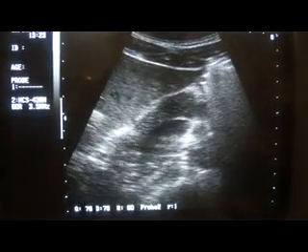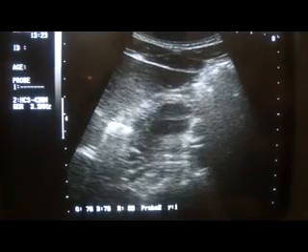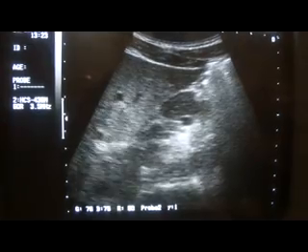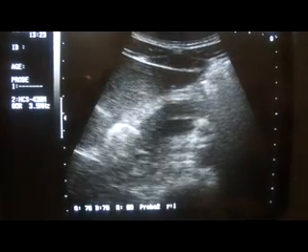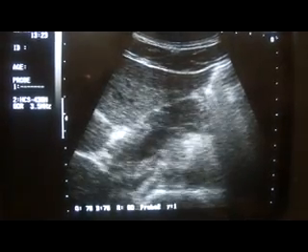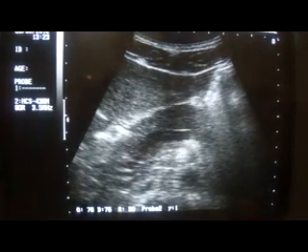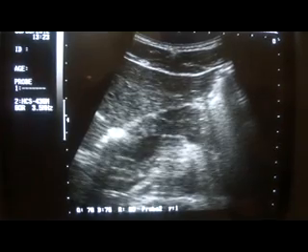Now let's see the first view. This is the splenic vein, this is the pancreas, this is the aorta, this is the IVC, this is the superior mesenteric vein, this is the splenic vein. Now I'm going to angle the probe.